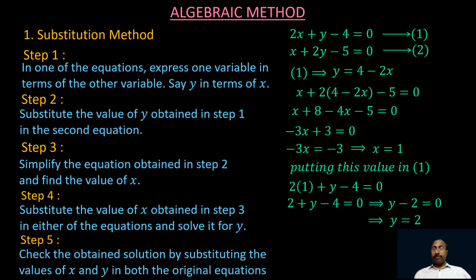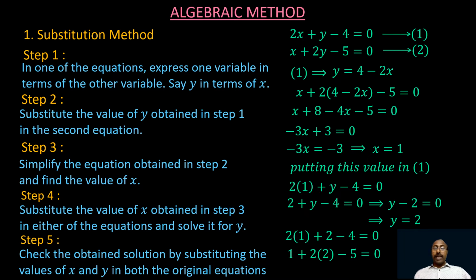In equation 1, we get 2 into 1 plus 2 minus 4, which is equal to 0. So LHS equal to RHS. Also in equation 2, 1 plus 2 into 2 minus 5 is equal to 0. Again we have LHS equal to RHS. So our solutions are x equal to 1, y equal to 2.